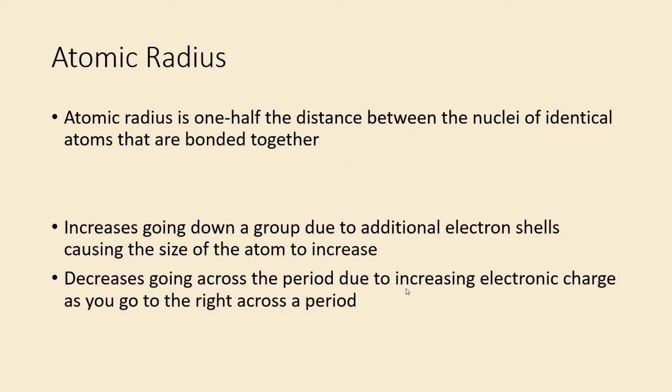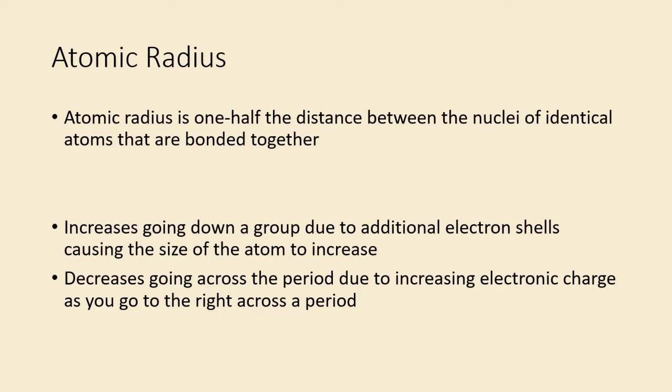So, our first periodic trend is going to be our atomic radius. If we picture our atom as a spherical shape, and I have two atoms bonded together, our atomic radius is going to be 1/2 the distance between the nuclei of two identical atoms. So picture oxygen gas.